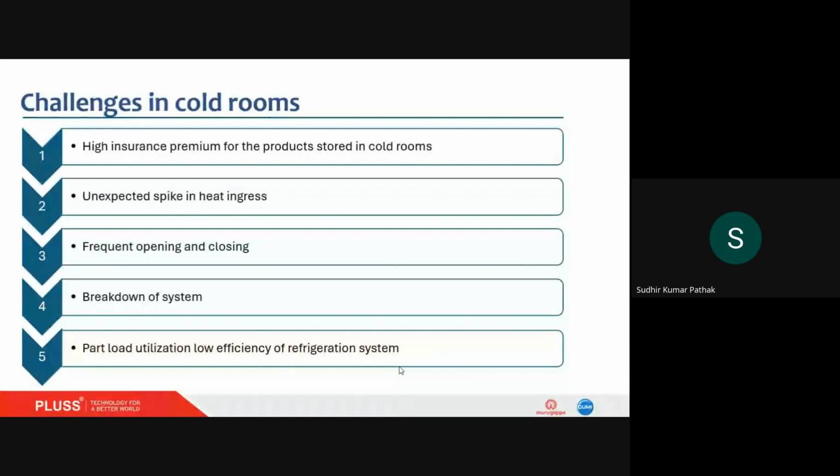Whenever the extra heat from opening and closing the door enters the room, it is absorbed by the stored PCM. So it will not affect the refrigeration capacity or increase the load on the compressor. That's how we can manage energy saving.